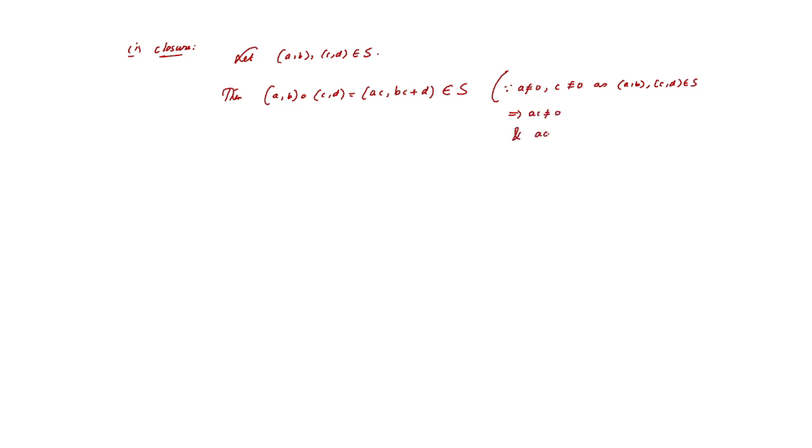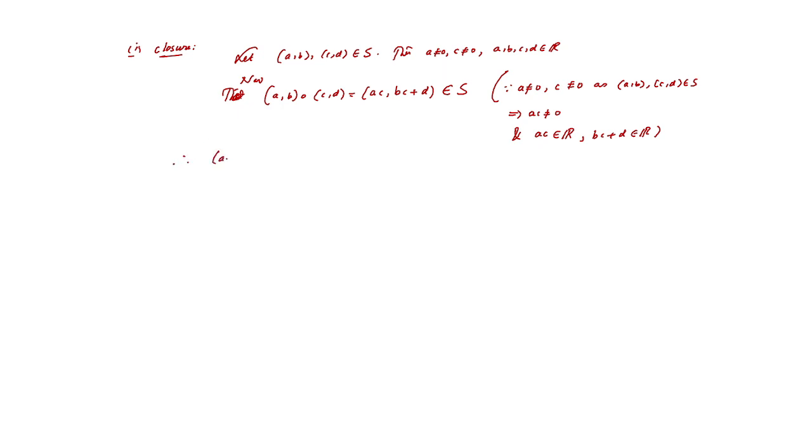Also ac is a real number, and bc + d is also a real number, because a, c are non-zero and a, b, c, d all are real numbers. So obviously (a, b) ∘ (c, d) belongs to S.